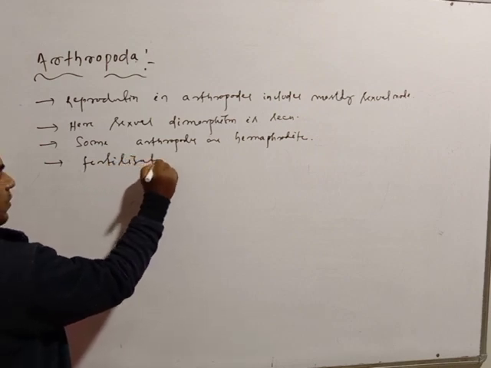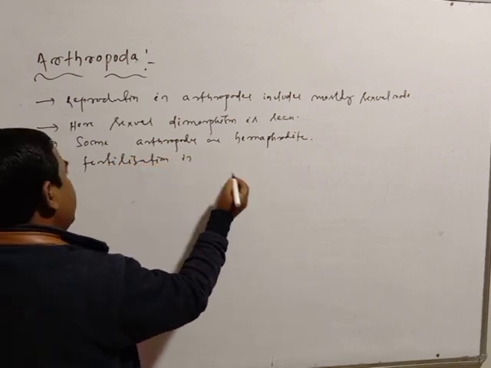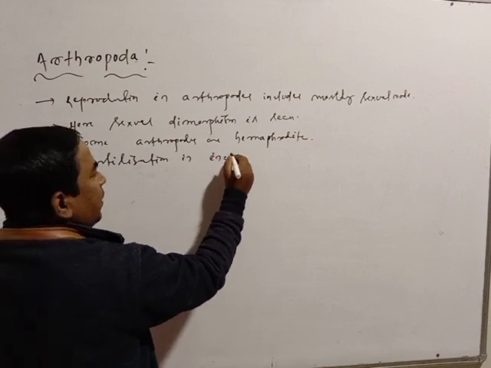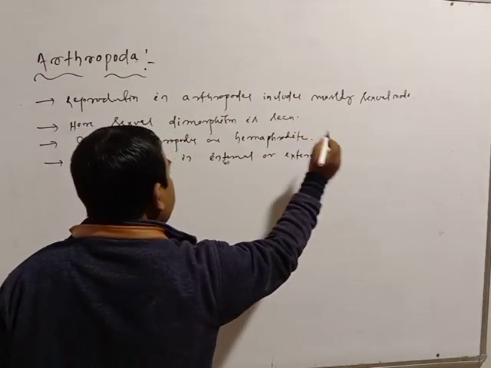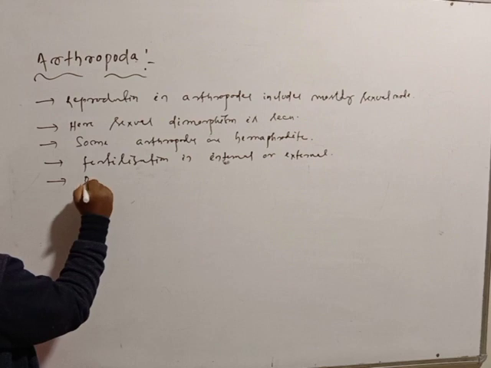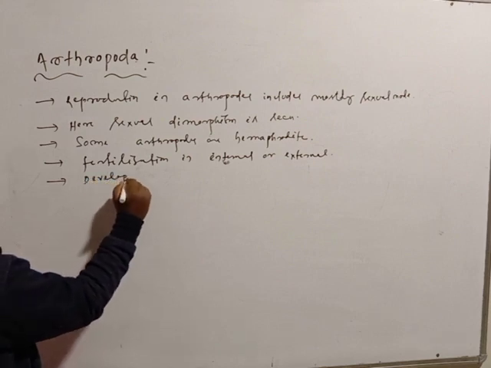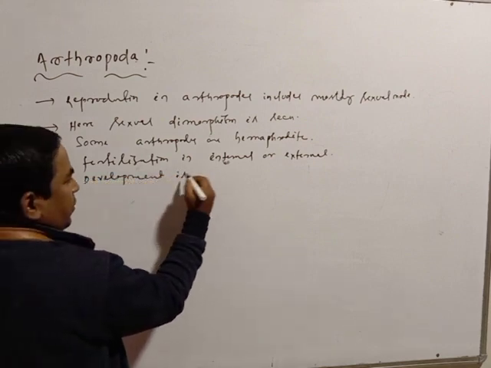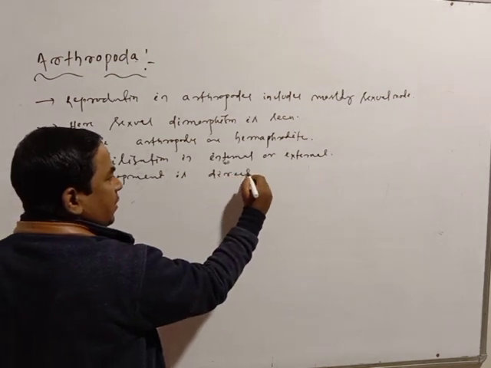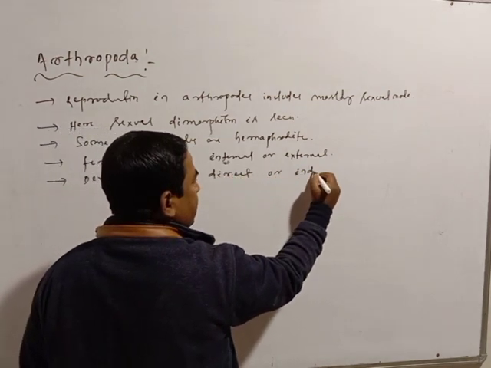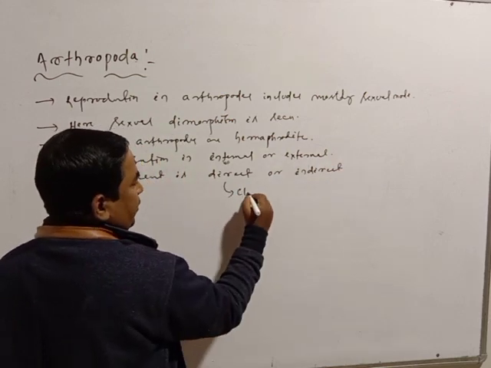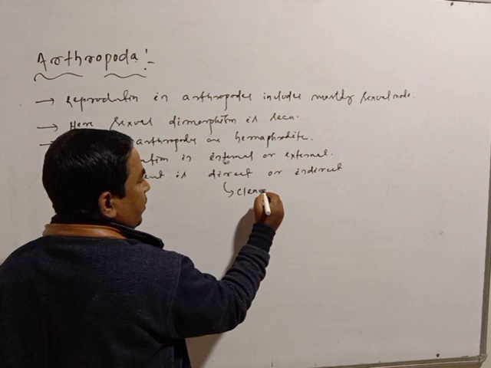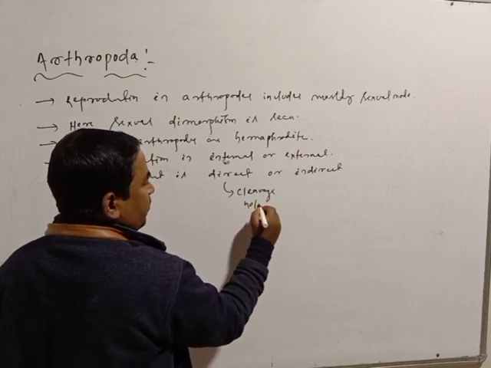Next, fertilization is internal or external. Development is direct or indirect. Direct means holoblastic cleavage will take place.